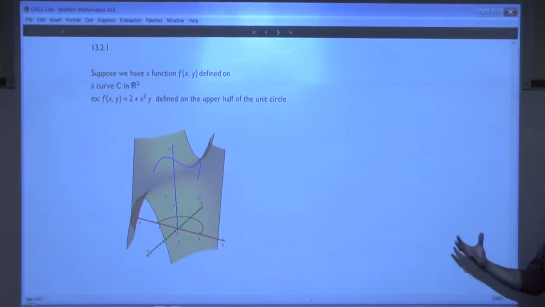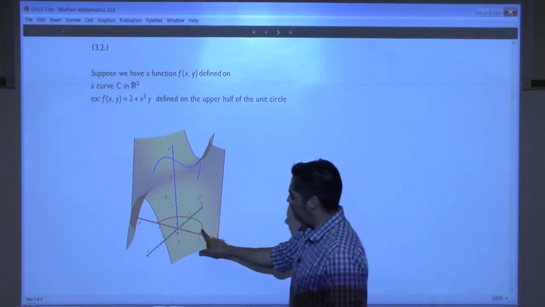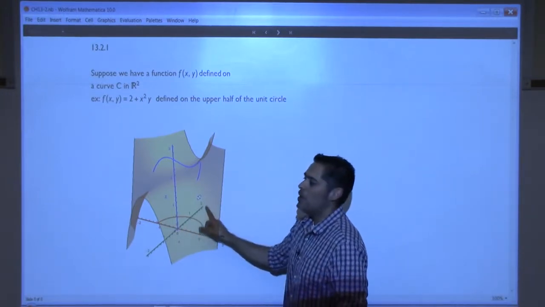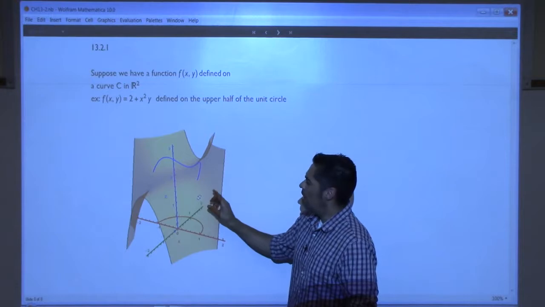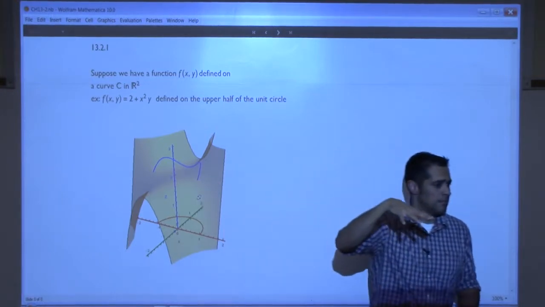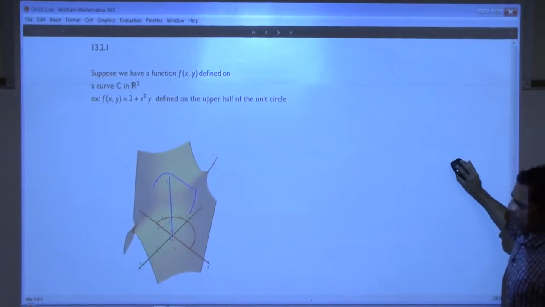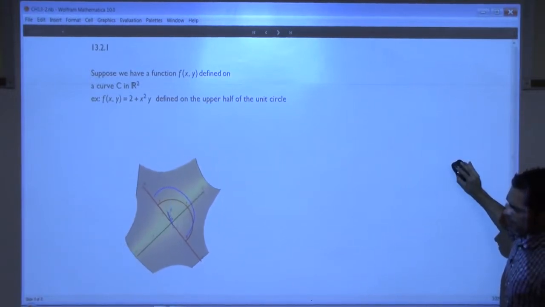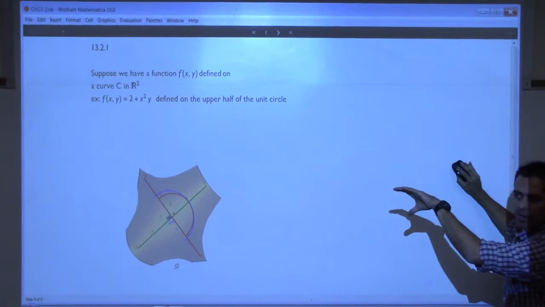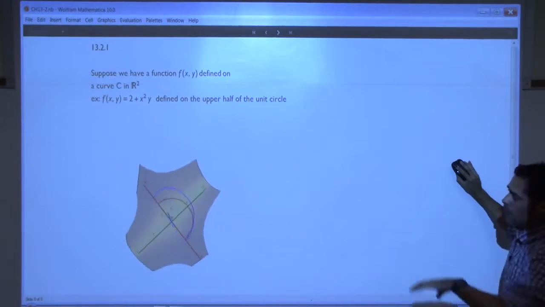If I take just those points in this curve, and I plug those points into the surface, I'm going to get a curve on the surface, right? And that's that blue curve. So if I look at this straight from the top down, that should be a semicircle right over another semicircle, yeah?